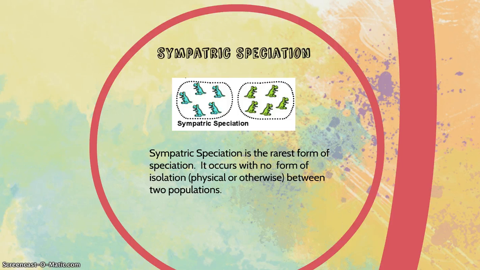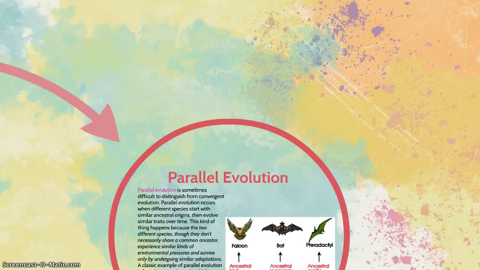And finally, sympatric speciation, it's very rare. It is the most difficult to understand and to discern because it happens without any barriers whatsoever. And so it is almost a random or unpredicted type of speciation.